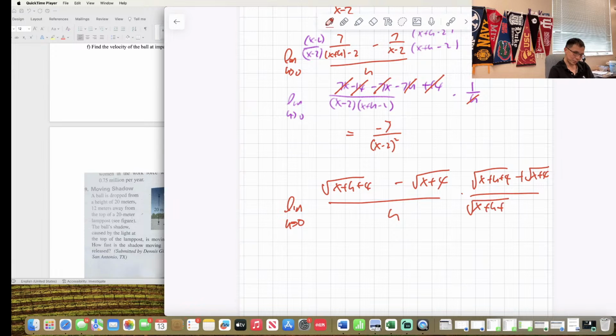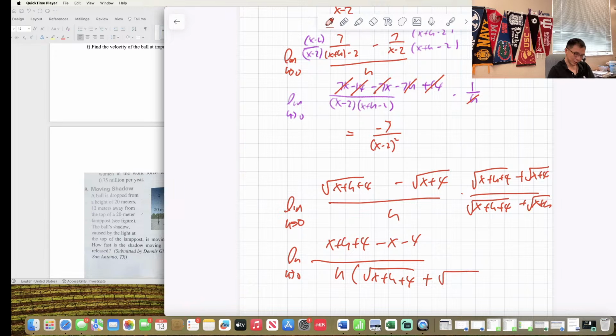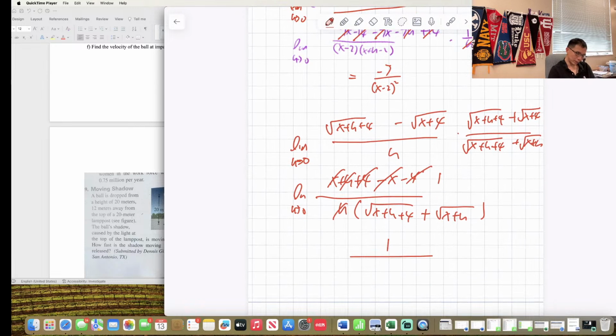That one is going to give you x plus h plus 4 minus x minus 4 over h times the sum of the square roots. This will cancel out, so it'll be 1.